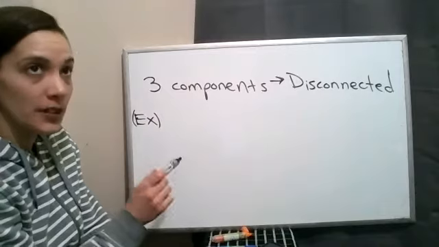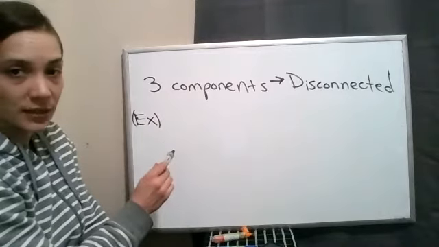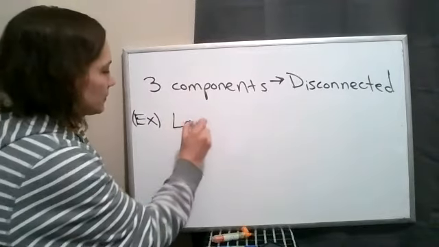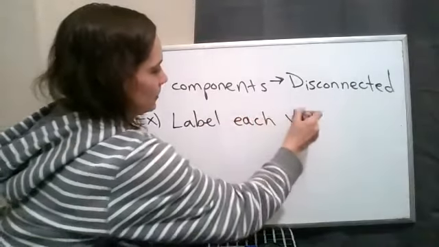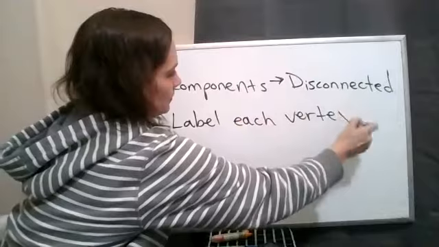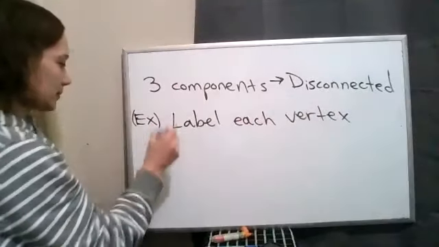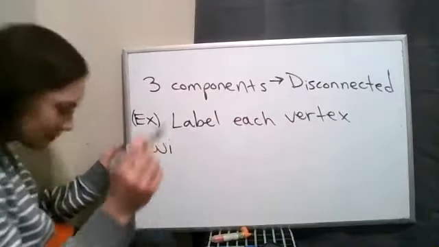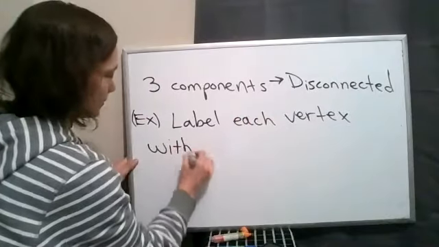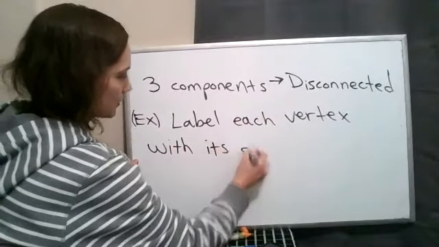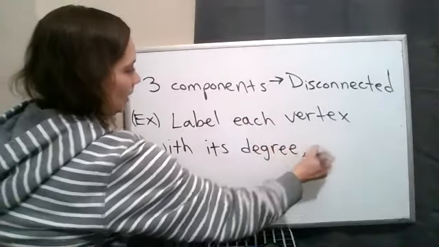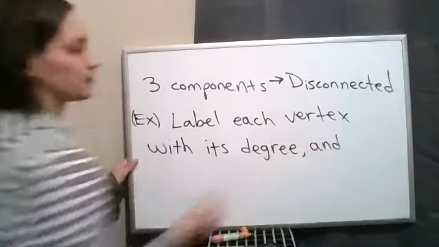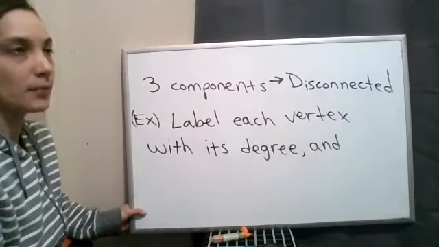Label each vertex with its degree and find the number of components.